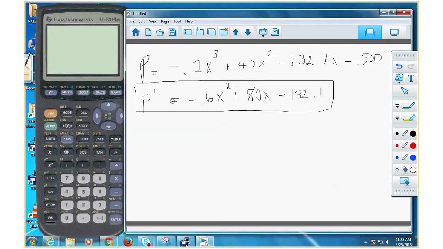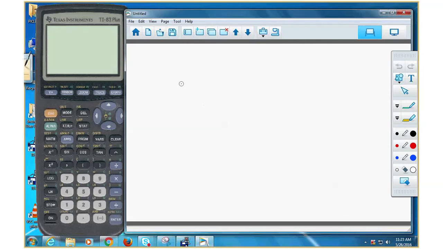All right, different one. And this is another revenue problem. Revenue formulas change. So revenue is equal to 3x times 800 plus 40x minus x squared.